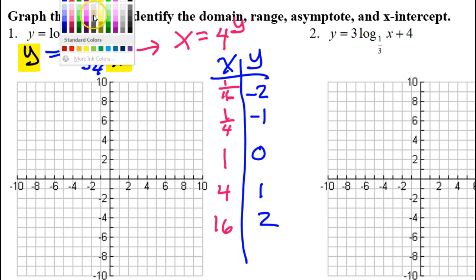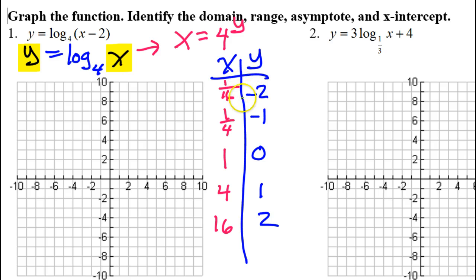All right, I like to do my skeletons in green, so I think I'll do that right now. So here I go. 1/16 is so close to 0 it's basically 0. So this is kind of like having 0, -2. So I'm going to have a dot right here. And then I have 1/4, -1.